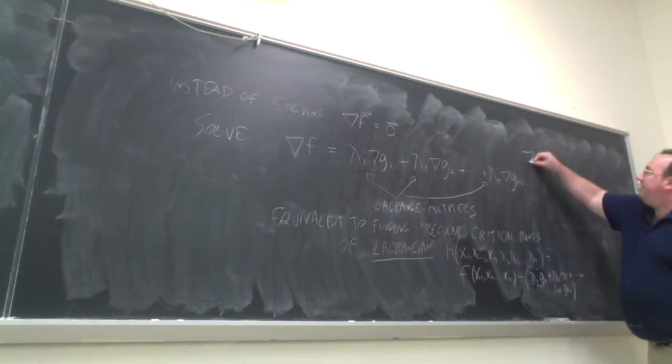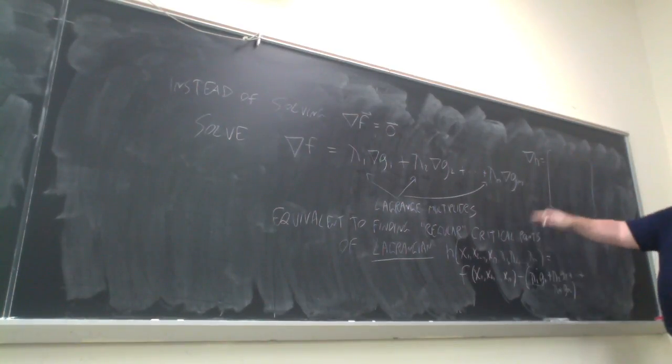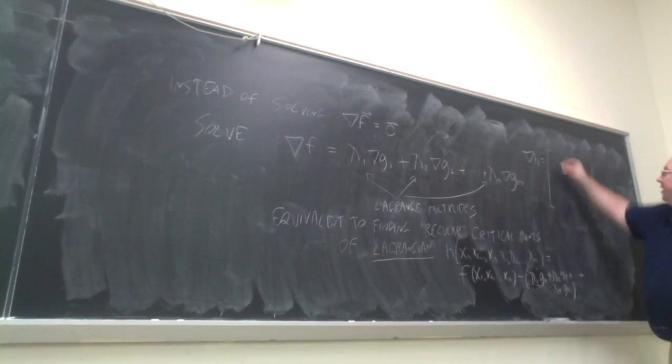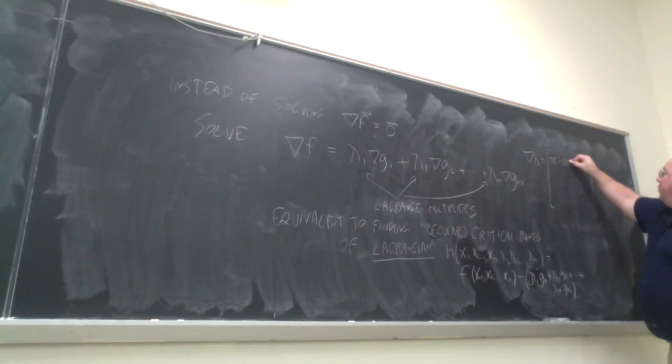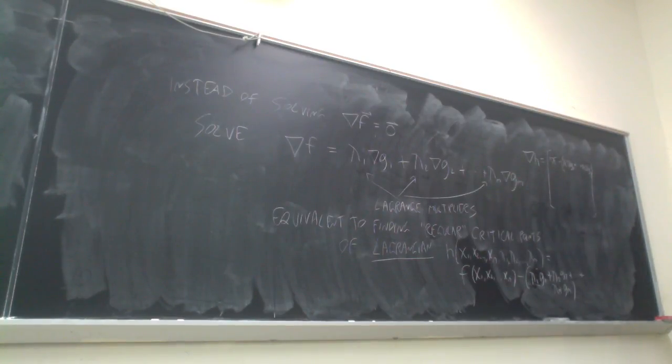So the gradient of h, well, first you have a gradient with respect to the x variables, so that would just be gradient of f minus lambda 1 gradient of g1 and so forth up to lambda m gradient of gm. So it's exactly this being set equal to 0, because we want this whole thing to be 0.